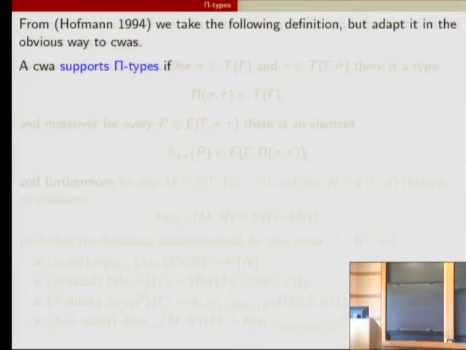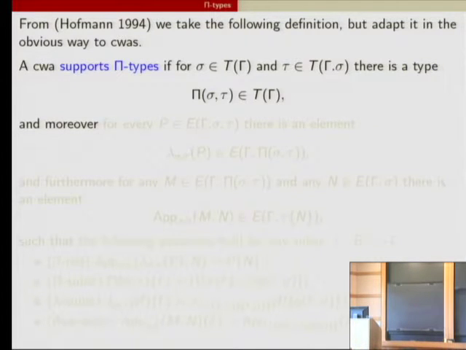Okay, so we haven't said anything about type constructions in these CWAs. Well, we should have pi types, of course. So here's the definition for a CWA. We introduce a pi, which should be this pi of sigma over tau over sigma here.